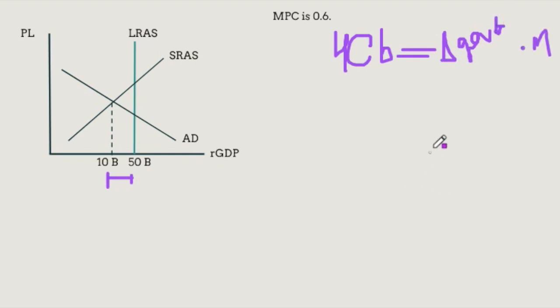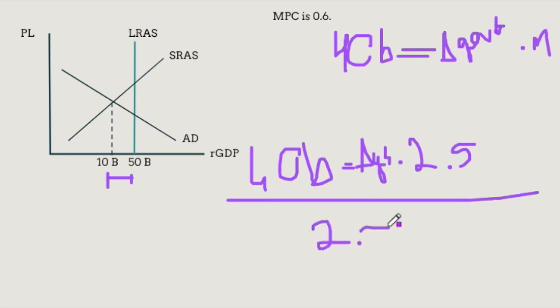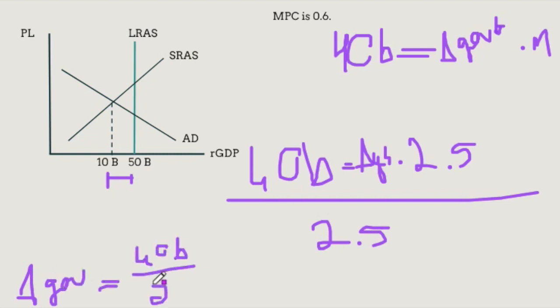We found the multiplier to be 2.5, and let's just rewrite the equation. 40 billion equals delta government spending times 2.5. Divide both sides by 2.5. Change in government spending needed is going to be 40 billion divided by 2.5, which is equal to 16 billion.